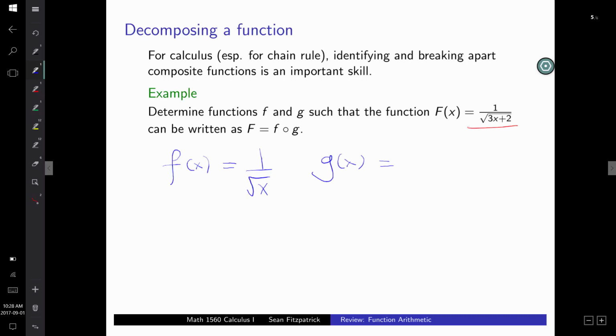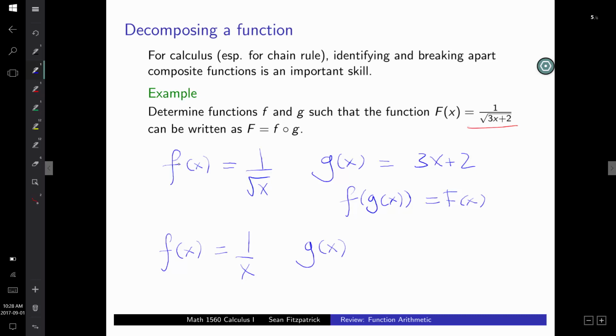I could take g of x to be 3x plus 2, and then we could see that if I take g of x and I plug it into f of x, f of g of x, I do indeed get this big F. I could take f of x to be the reciprocal function, 1 over x. I could take g of x to be square root of 3x plus 2. That would also get the job done.